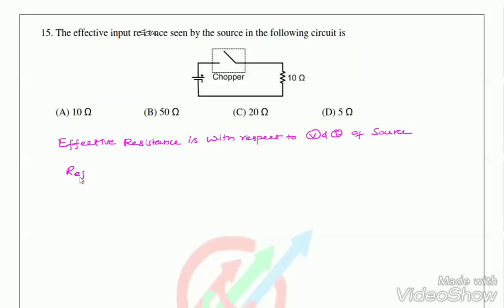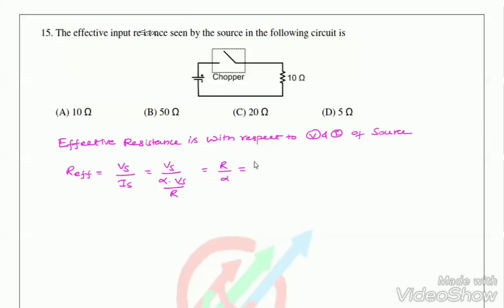So R effective is equal to source voltage divided by source current. This is a chopper circuit, so Vs divided by I is nothing but alpha into Vs divided by R. Both Vs are the same, so finally we have R by alpha.